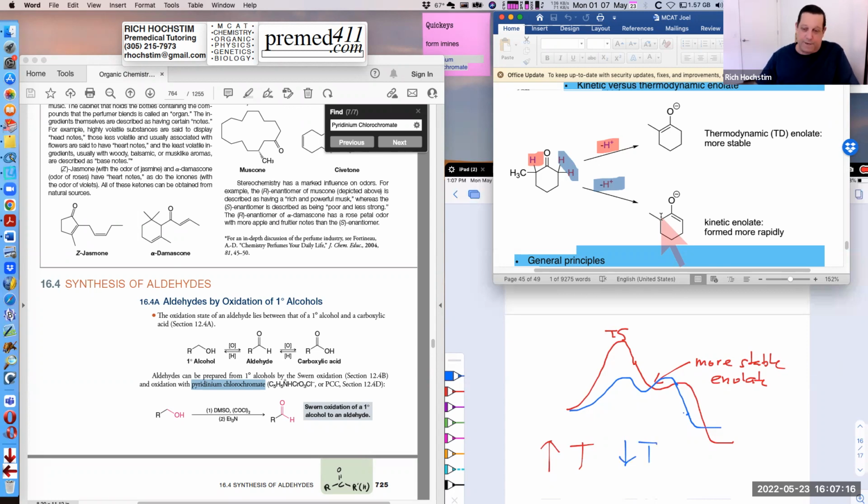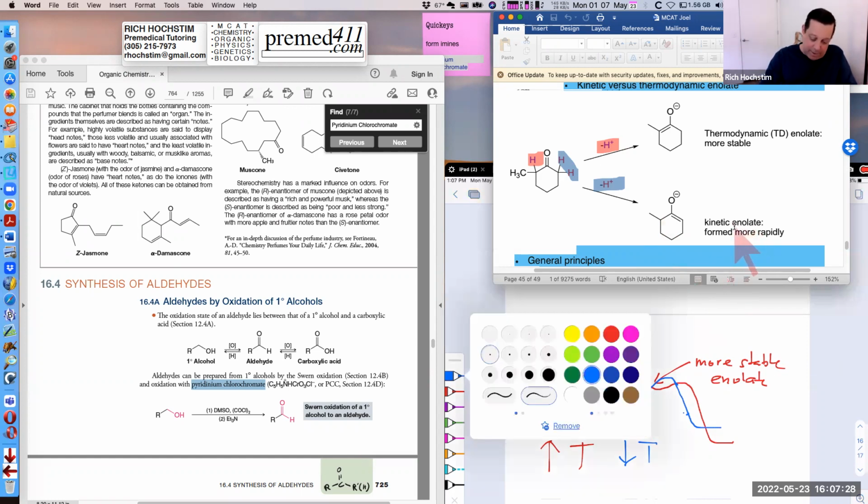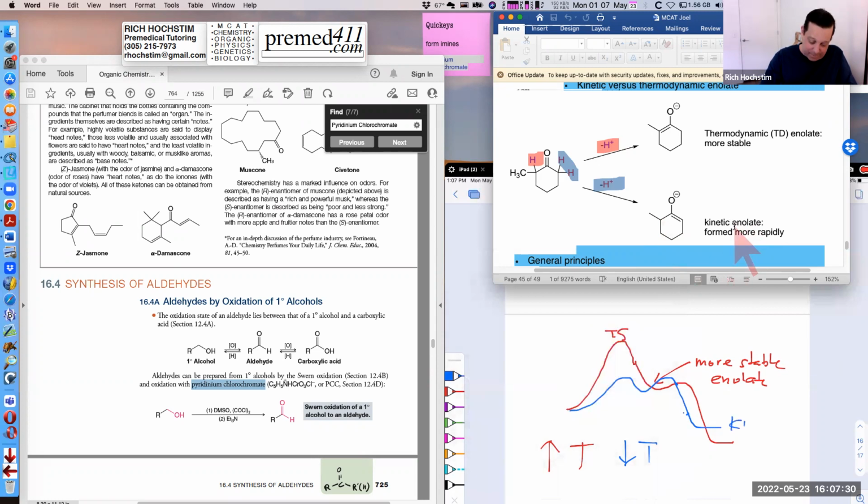If the temperature is low, the molecule is going to be able to get over this hill, but not this hill. And so you'll get the kinetic product. The kinetic one is the one that forms faster. So that's low temperature.